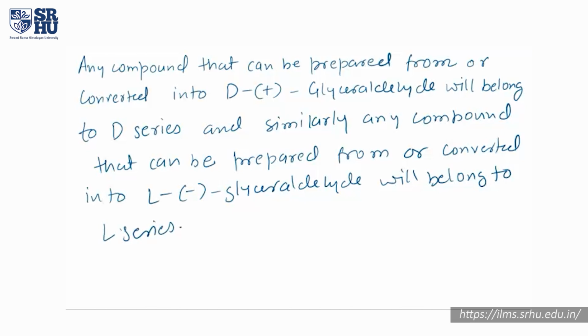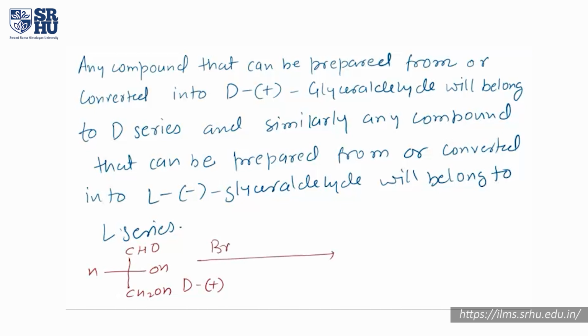Now what does that mean? For example, we are having glyceraldehyde, with CHO, a single bond like this, OH, H and CH2OH. So this is our D-glyceraldehyde, being dextrorotatory. Now we do a chemical reaction.